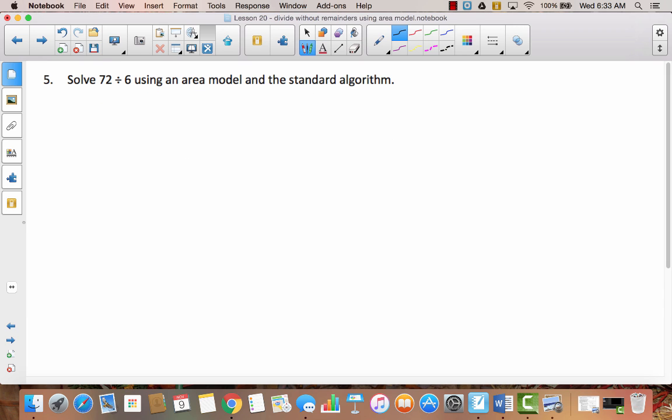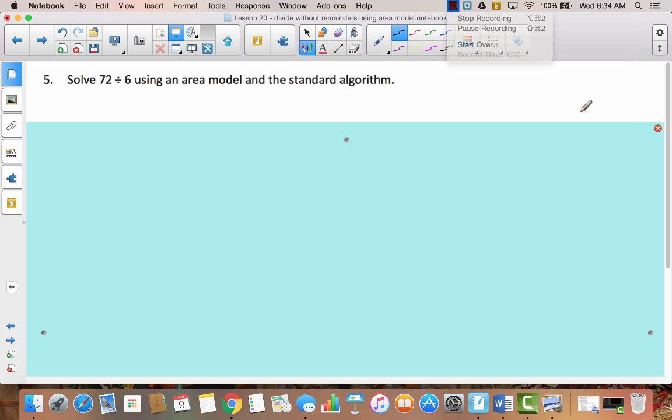Okay? All right, let's take a look at number 5. So we're going to solve using an area model and the standard algorithm. I'd like for you to pause the video and do as much of this as you can by yourself. If you get stuck, you can always press play. Okay, so I started with my area model and I started to think to myself, what's the biggest 6 fact that I can think of really easily?